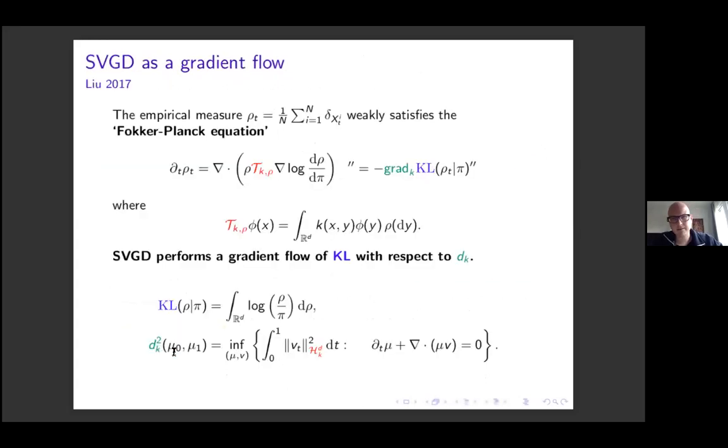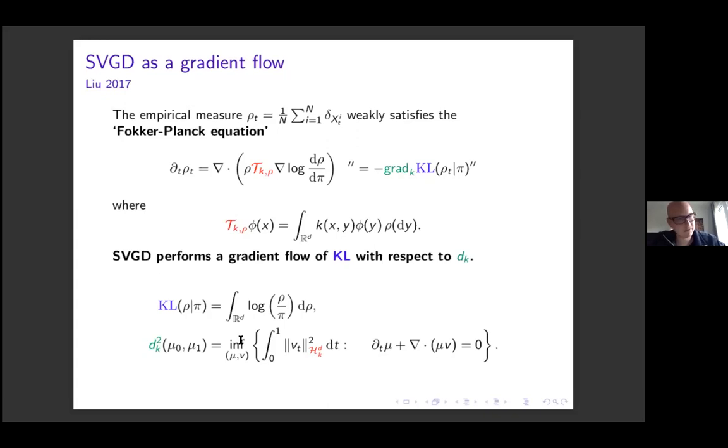Okay, then next there has to be some sort of gradient operation here. The gradient operation is connected to a certain distance on the set of probability measures or distributions. Intuitively speaking, you can think that for derivatives, you take the change of the function over the change of the distance, and so that's why the derivative will depend on the distance.